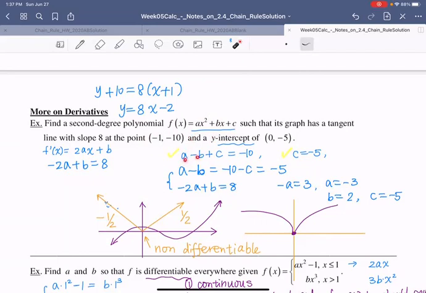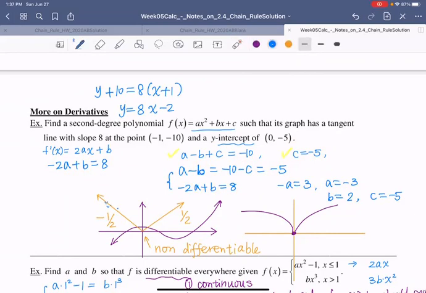So A minus B plus C equals -10. So A minus B will equal -10 minus C. C is -5. -10 minus -5 is -5. Now you have A minus B equals -5. You have -2A plus B equals 8. You can solve your A and B value.